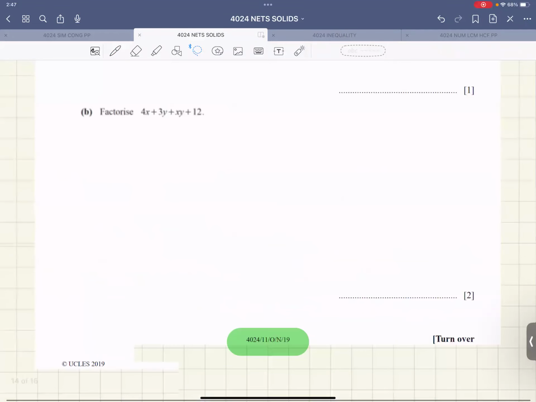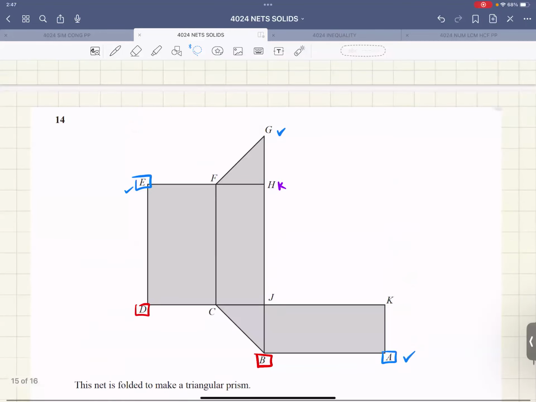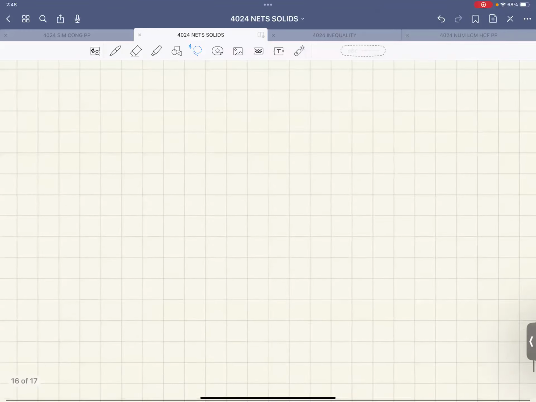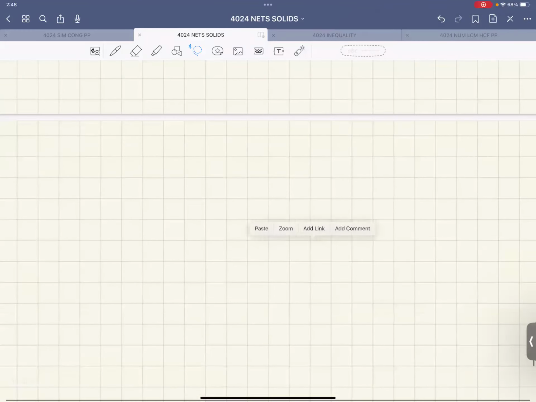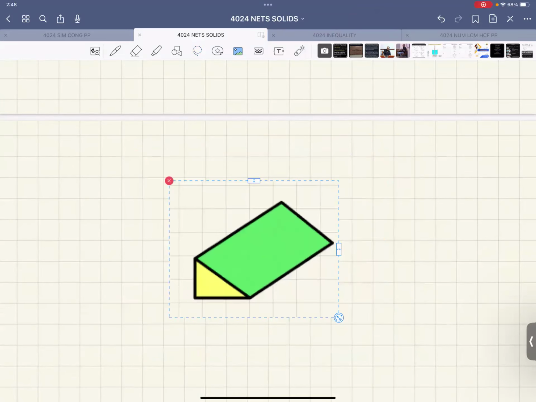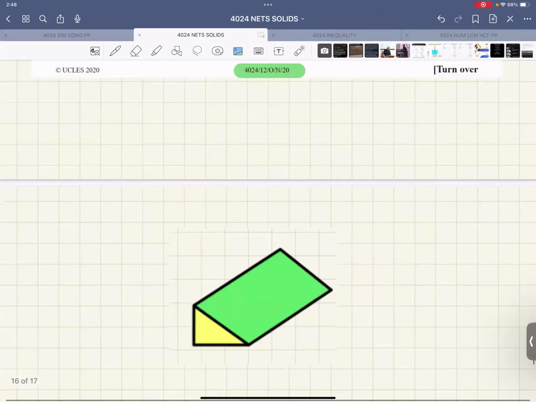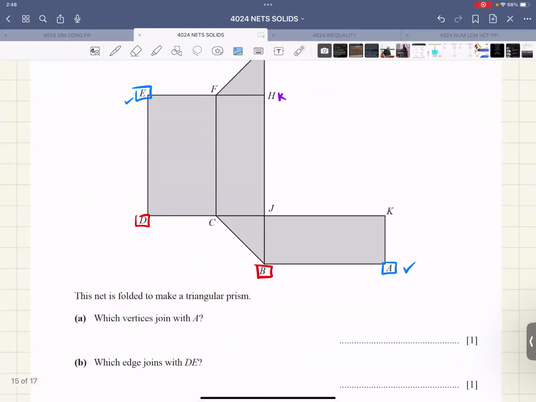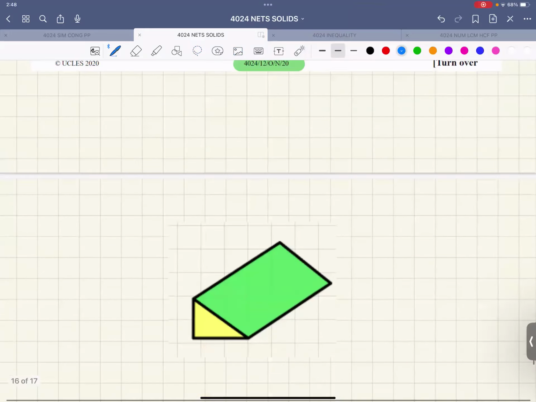So let's go back to this. Now we can see this figure like this. And this is the triangular wall. So this is the side wall, this is the side wall. So that's over here, and that will be over here.